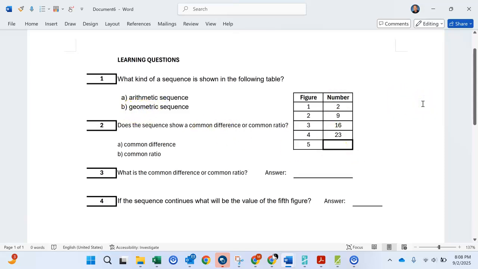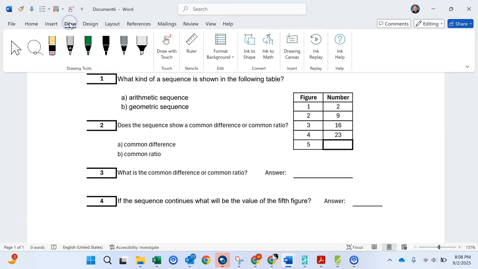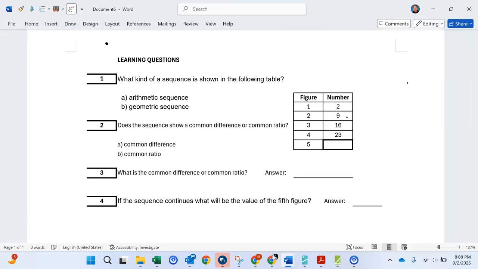Okay, so what we can do is take the second number and see what happens. So we can try to see if it's arithmetic. So we go 9 minus 2 equals 7. So that means 2 plus 7 equals 9. We already know that. Okay, does it continue?